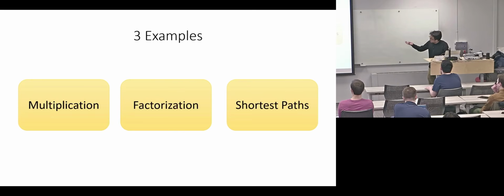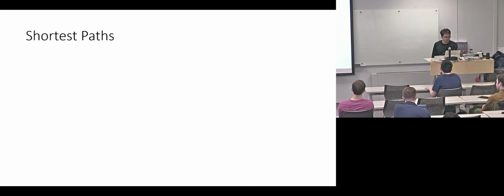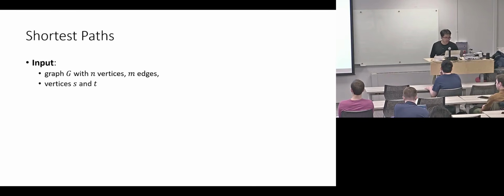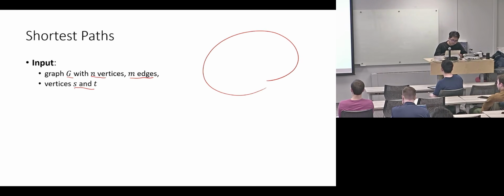And the next one is the shortest path problem. This is another super basic question where you have a graph, and let's say the graph has n vertices and m edges, right? And there are two vertices, s and t. So you have a graph, you have s, you have t, and you have some graph like this.